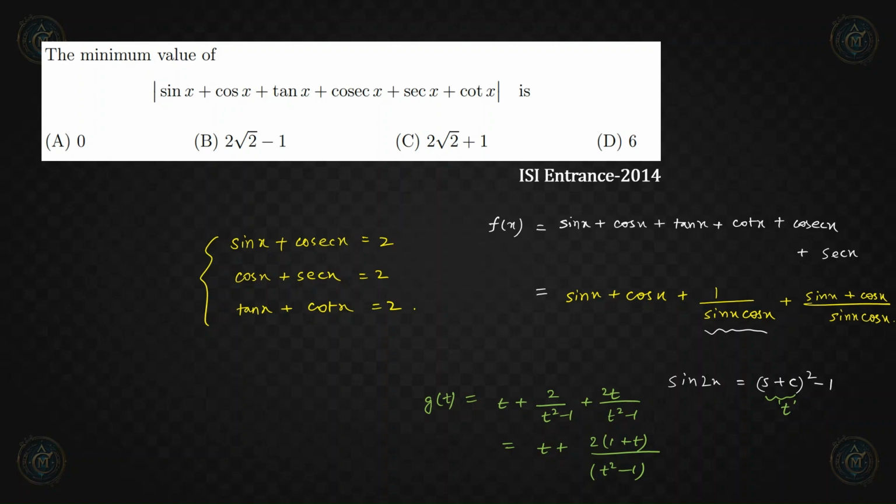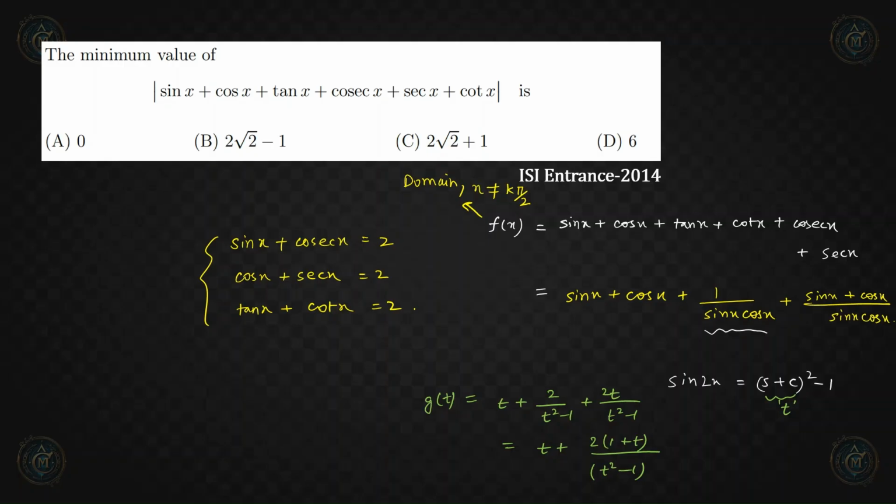If sine x equal to 0, x should be equal to some integral multiple of pi, but those points are not in the domain of this function, right? So the domain here I am writing, x is not equal to some integral multiple of pi by 2, right? Because k into pi is nothing but some k dash into pi by 2.